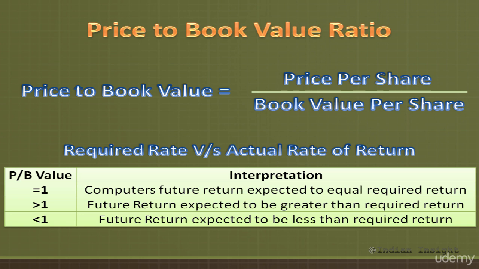In such scenarios, the price to book value ratio becomes irrelevant for your analysis. Similarly, while using any of these ratios, it is very important that you use your common sense in determining whether a specific ratio is applicable in case of the company you are analyzing. With this, we have come to the end of this section on financial ratios.